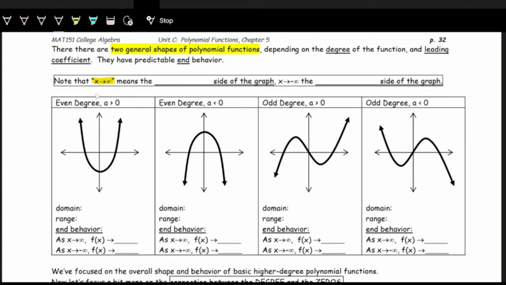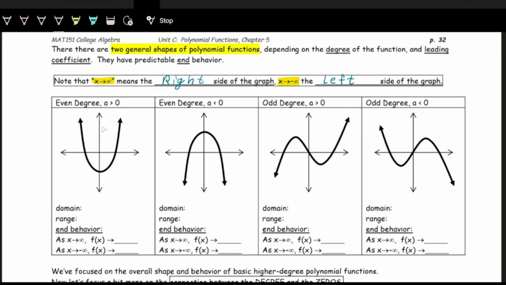It means you're approaching or getting close to. So when we say x is approaching infinity, that means we're looking at the right side of the graph. When we say x is approaching negative infinity, that means we're now going to the left. We're looking at the left side of the graph, because that's where negative infinity is. And then we'll use that notation to describe some of the end behaviors.